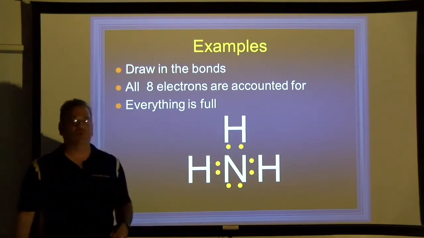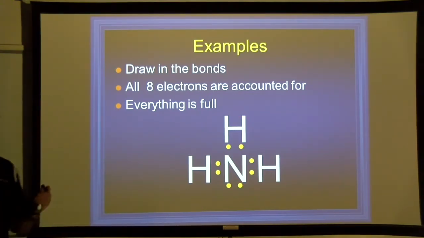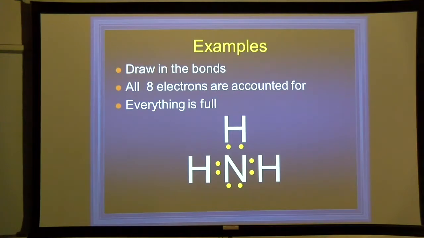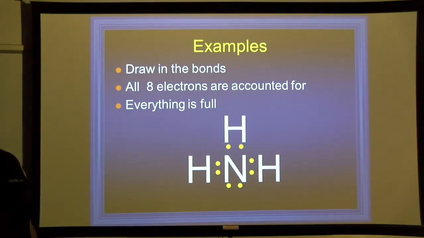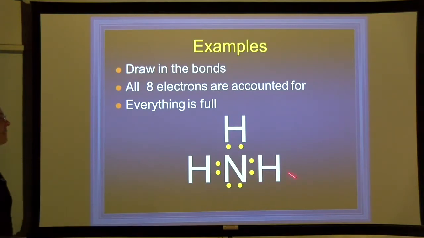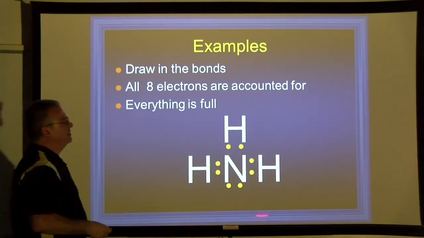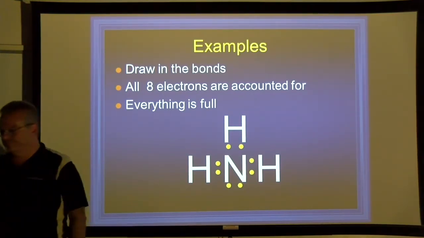And what's also important to know, once you have a polar molecule, that means one side of the molecule is more negative. Can you figure out which side of the molecule is more negative? Is it the side with the pair of electrons or the side with bonds to hydrogen? What do you think? The electron side. So that means this side of the molecule is much more negative than this side.